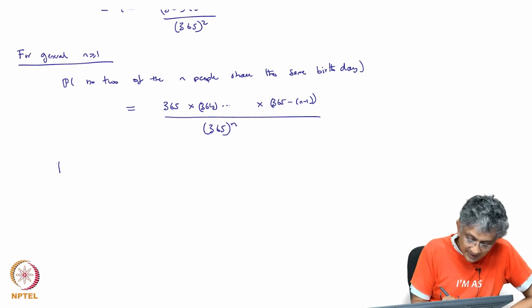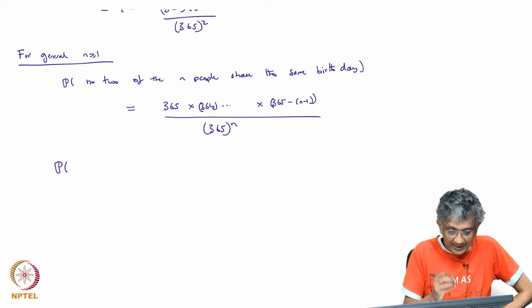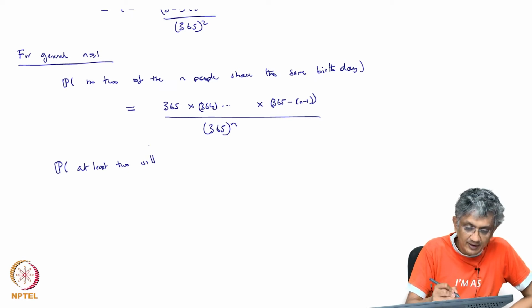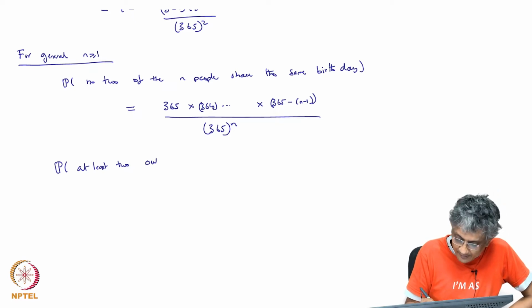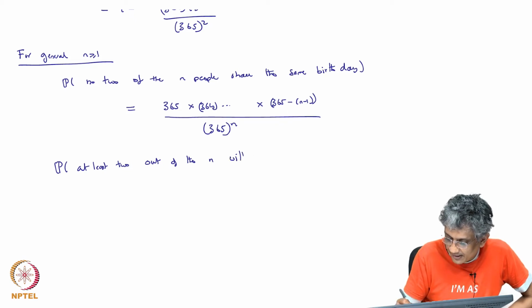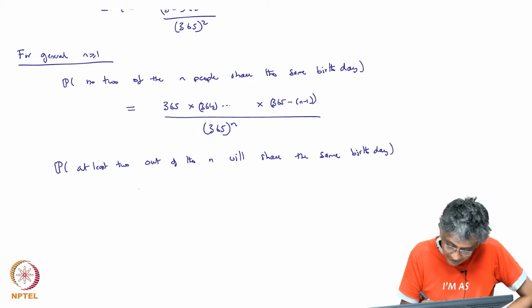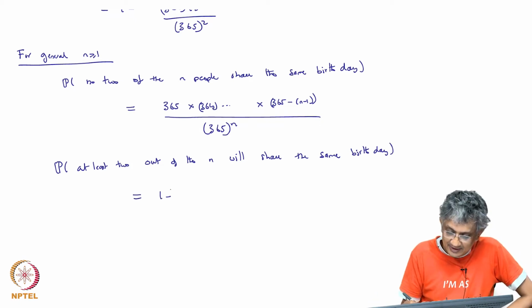So then the probability that at least 2 out of the n will share the same birthday is going to be 1 minus this whole product.